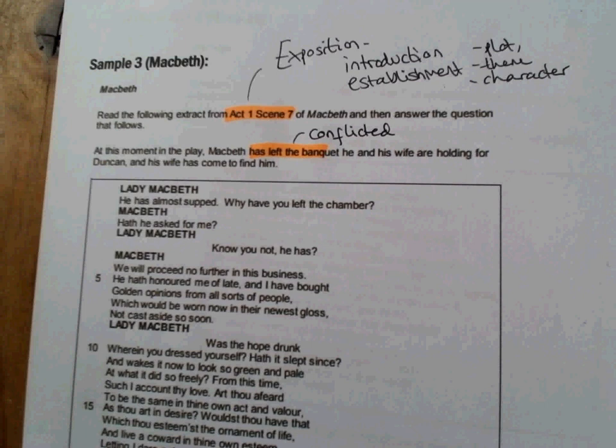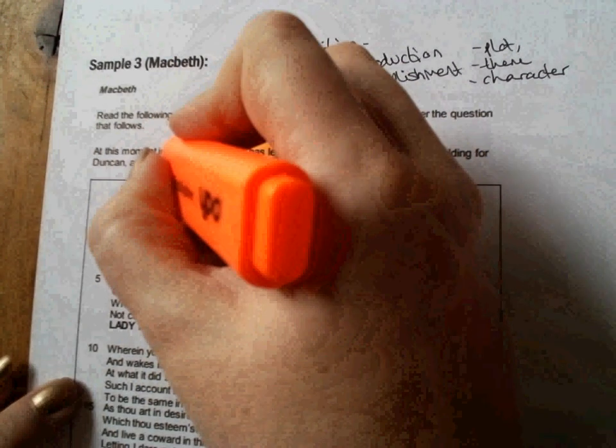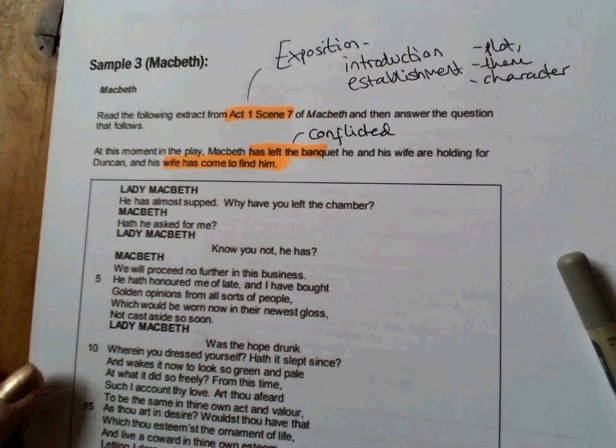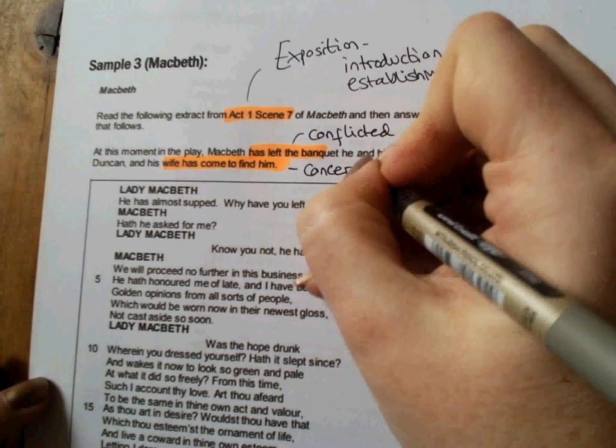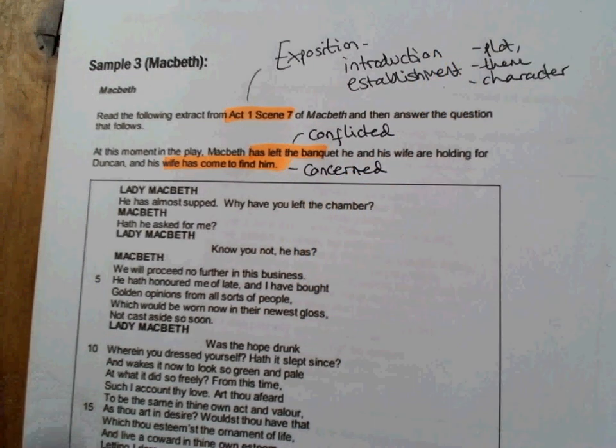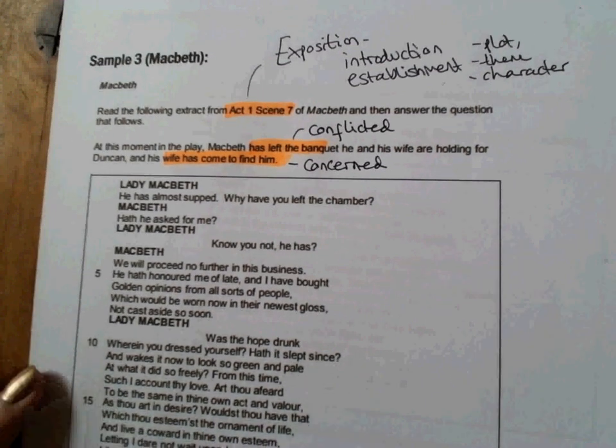And we know that at the start of Act 1, Scene 7, he has that whole soliloquy where he thinks about his vaulting ambition and decides that he doesn't want to go through with it. His wife has come to find him. She clearly realises that there's a problem. So she is concerned, maybe less about his well-being and more about, is he going to back out on this plan? So there's some important information for us there at the start.